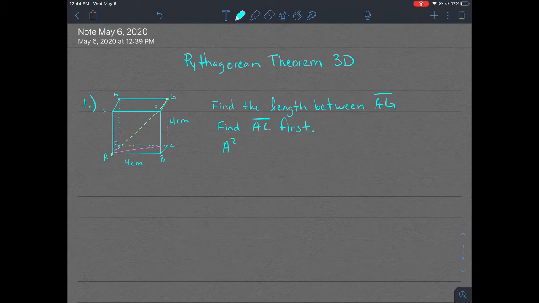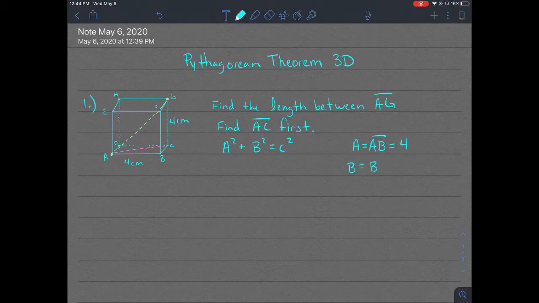So in order to do that, you're going to use the Pythagorean theorem, which is A squared plus B squared equals C squared. Where A, we're going to say that is equal to the length AB right there. So from point A to point B, we're going to label that A. And we know what that distance is. That's 4. Now what about the distance for B?